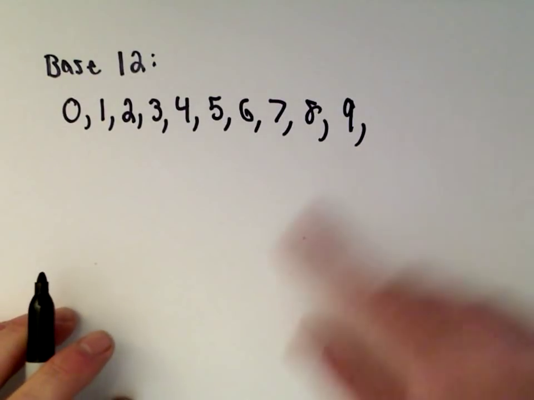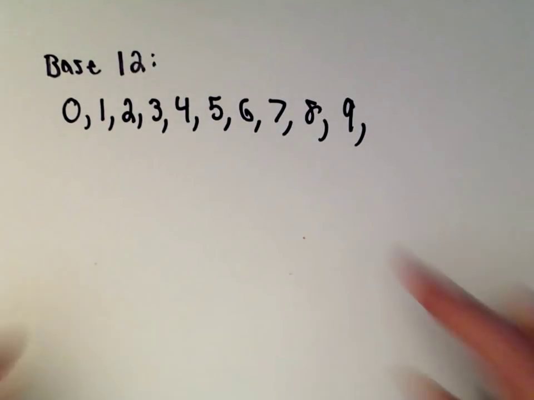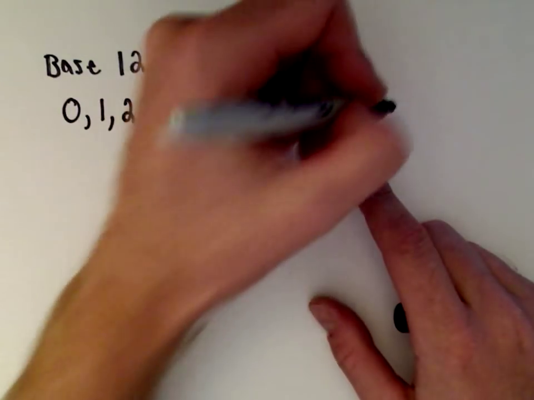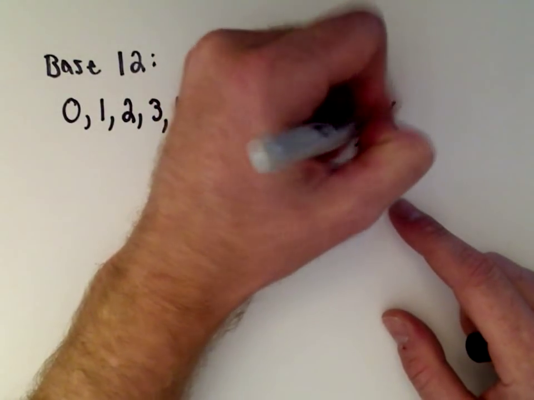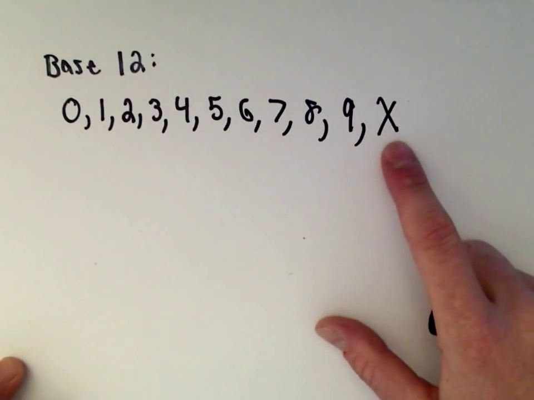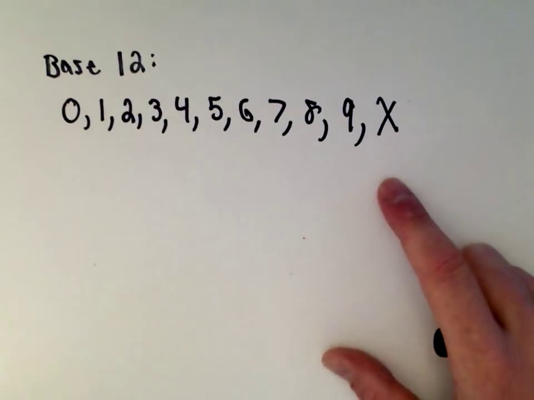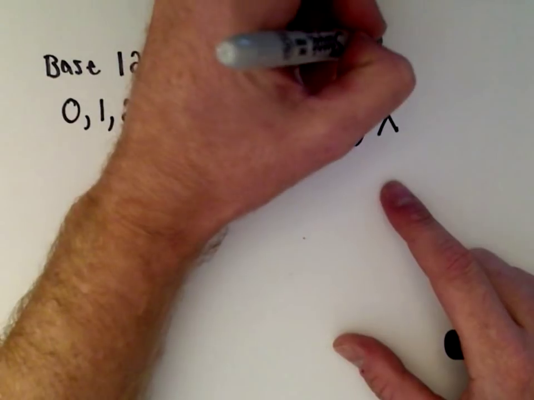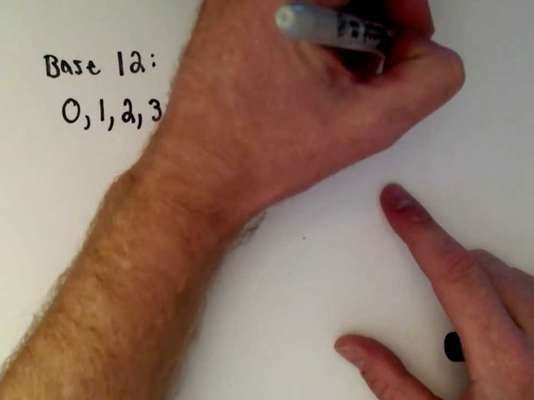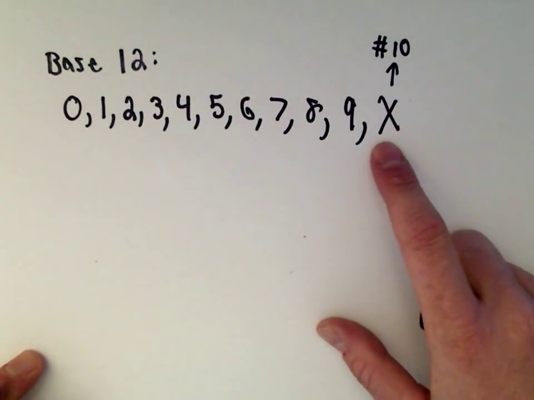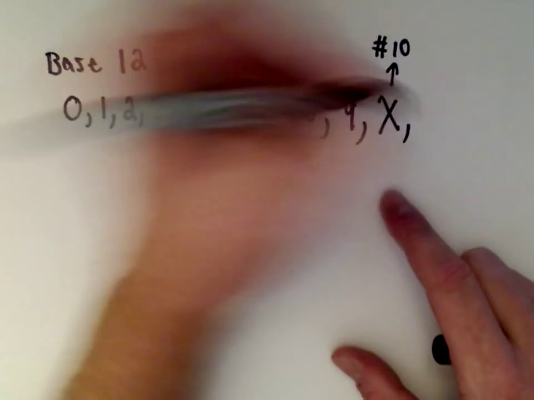We need a new symbol to represent the number 10. There are some different symbols that people use. One of them is an X, which, if you remember from Roman numerals, represents the number 10. This is going to be our familiar equivalent number 10.